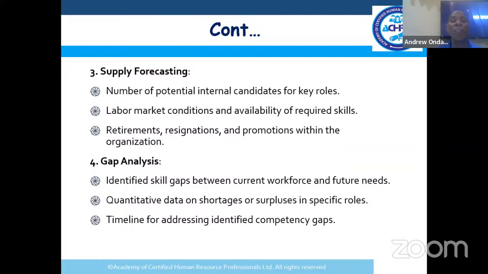Looking at the internal market as a source of our recruitment, we will determine this by analyzing the trends that we have mentioned, and then look at the key roles that we are likely to recruit people or candidates and their potential to occupy those key roles.